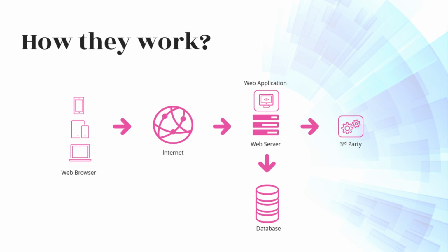On top of that web server stack sits my web application, and it interacts with the client based on that communication. The web application itself, as I mentioned earlier, could have a connection to a database for its backend. That's where the data will be stored, modified, and manipulated.